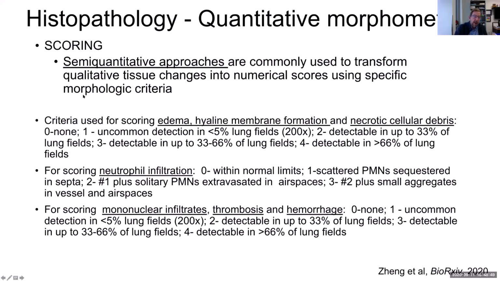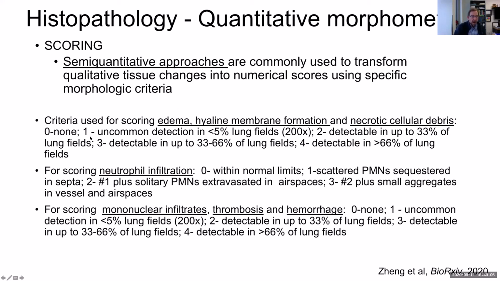So a common way to do this is to do semi-quantitative approaches where you have a scoring system that you decide in advance and apply to the lesions that you're trying to score.